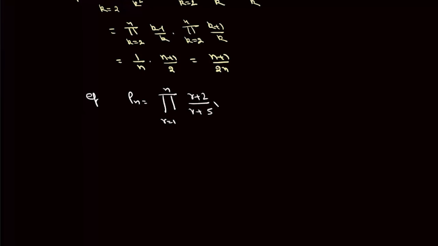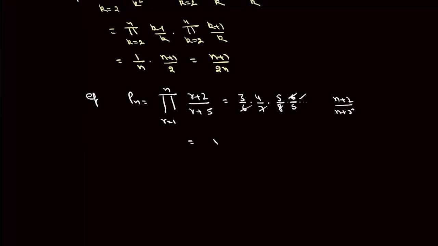So this is not exactly A_R and A_(R+1). If we expand this, it'll be 3 by 6, 4 by 7, 5 by 8, and in the end, N plus 2 upon N plus 5. Now the next one will be 6 by 9. So terms will start cancelling after the first 3 terms.